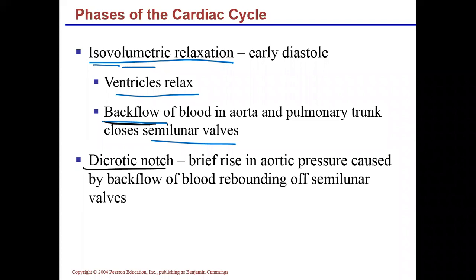All right. Well, at this point in time, several other things are happening. Before I tell you, let me go ahead and tell you. After the QRS was a T wave. The T wave representing repolarization of the ventricles. So when they are repolarized, very soon after, they're going to be relaxed. All right.